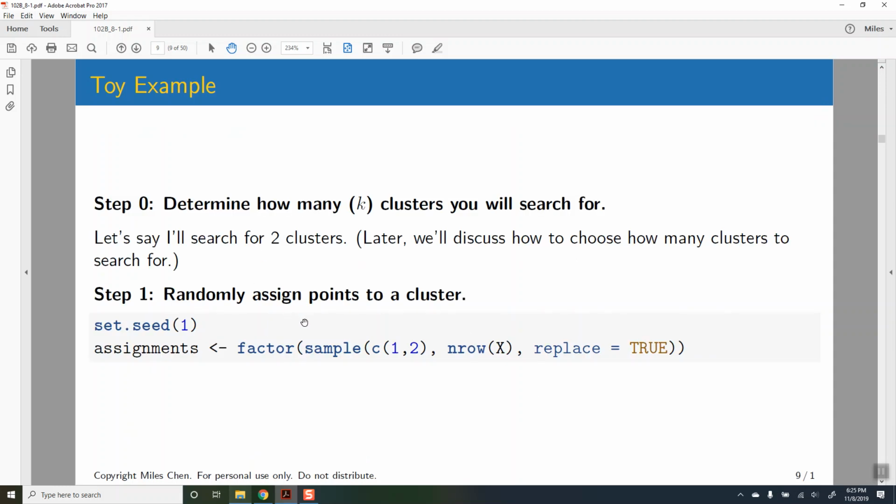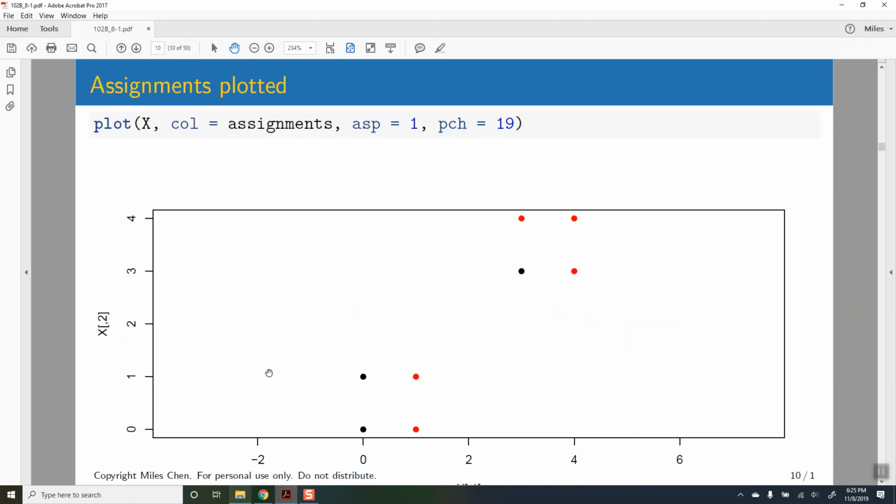So I just sample between the values 1 and 2 and assign them. I call these the assignments, and I color the points based on the assignments. After doing random assignments, I got 3 points assigned to the black cluster and 5 points assigned to the red cluster.